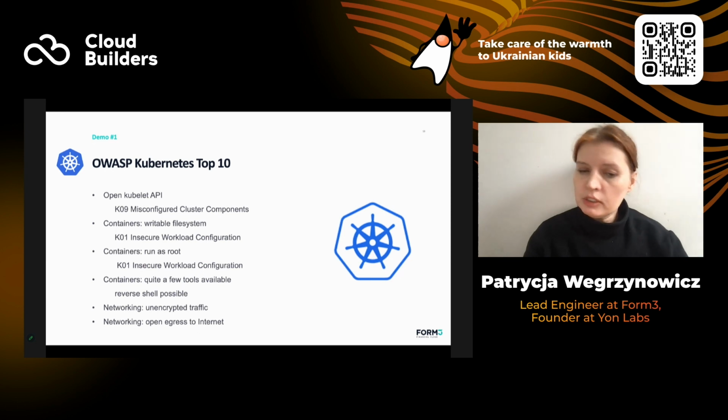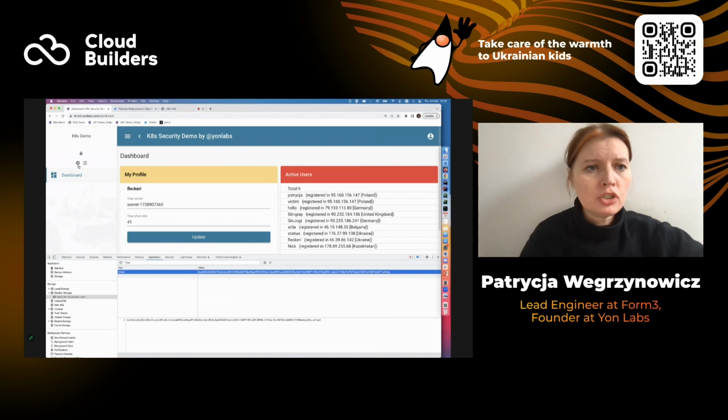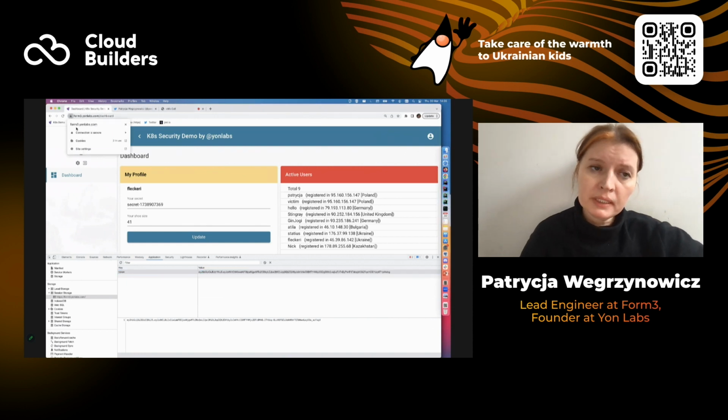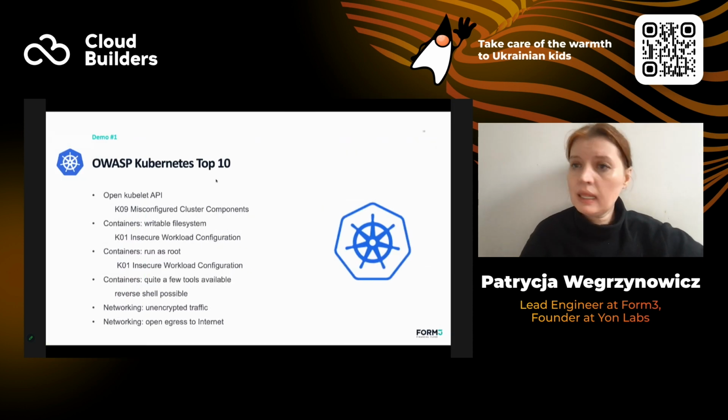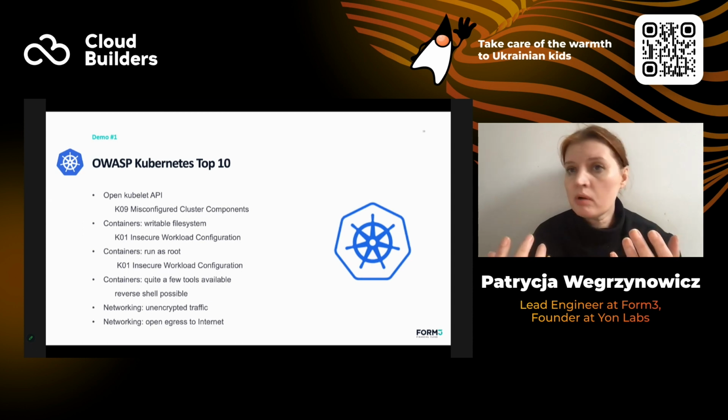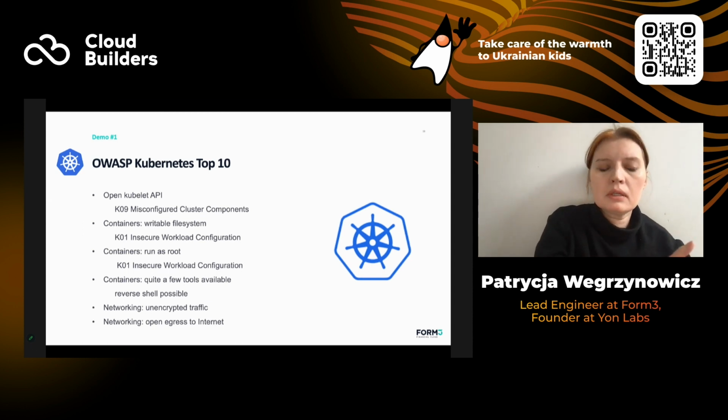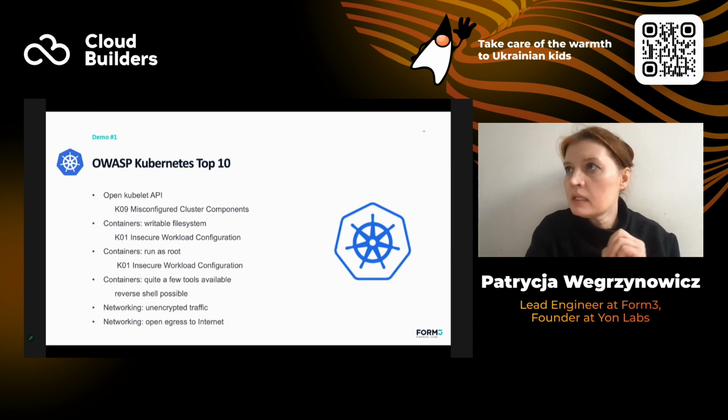We have this unencrypted traffic. So even though the application itself uses HTTPS, inside the cluster the traffic was unencrypted. That's a huge problem because together with this open Kubelet API and me being able to install tcpdump, I had access to all the data flowing in and out from this application.